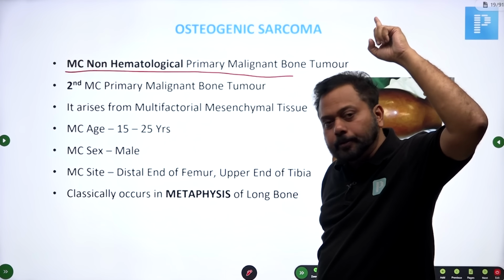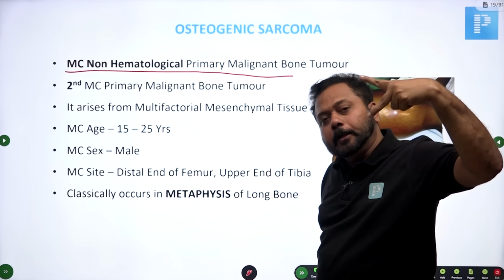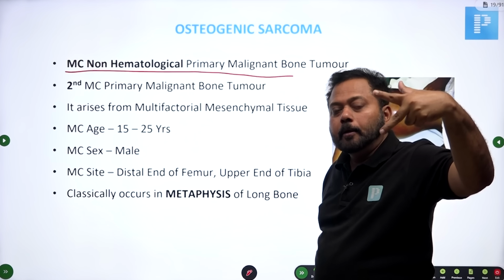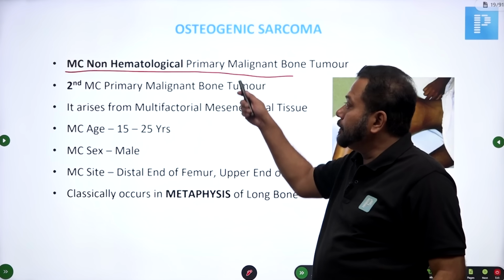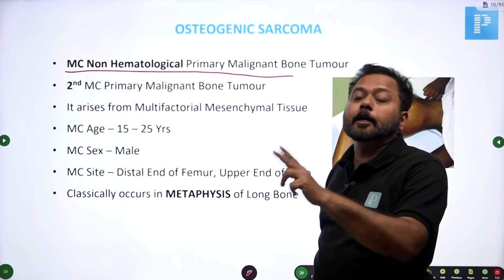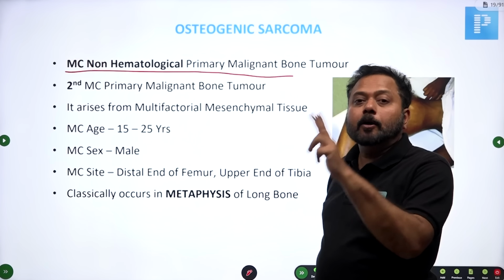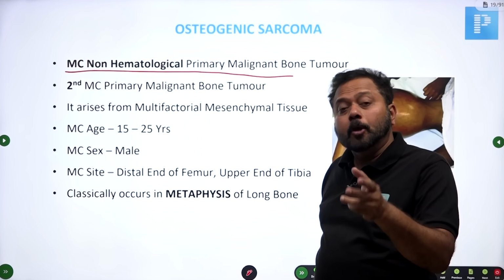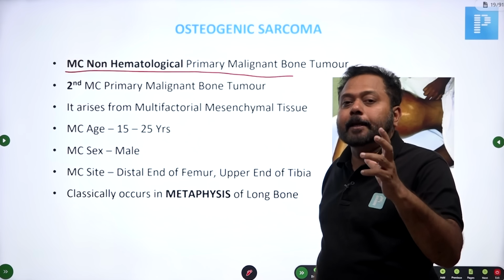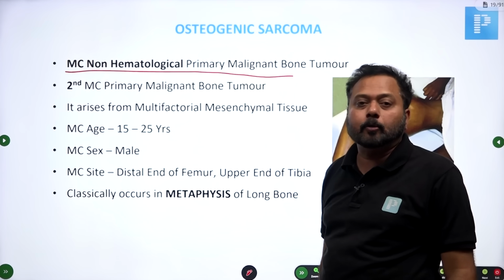It is not osteogenic sarcoma. The second most common primary malignant bone tumor is osteogenic sarcoma. When you should say it is the most common: non-hematological primary malignant bone tumor, it is osteogenic sarcoma. Otherwise, most common primary solid malignant bone tumor, it is osteogenic sarcoma.